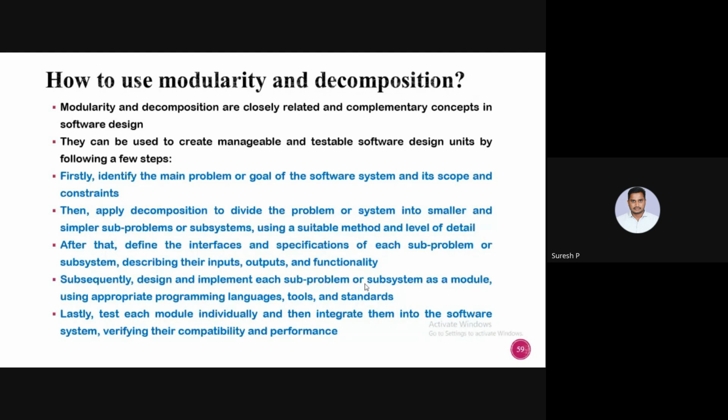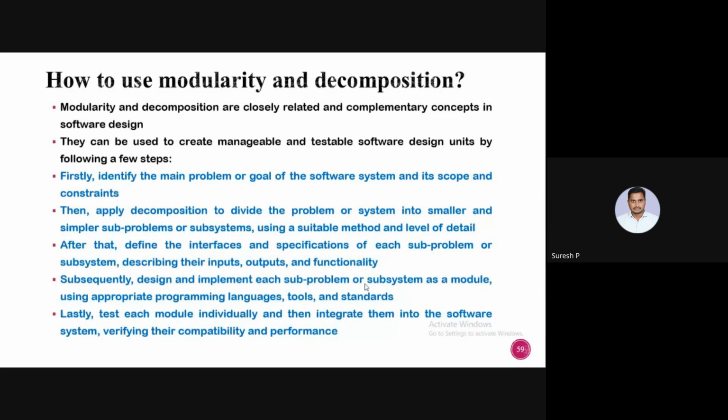So finally, you have to perform the integration testing. That is, after integration, again you have to check in order to verify their compatibility and performance. So these are the 5 important steps we are supposed to follow to create manageable and testable software with the help of modularity and decomposition.